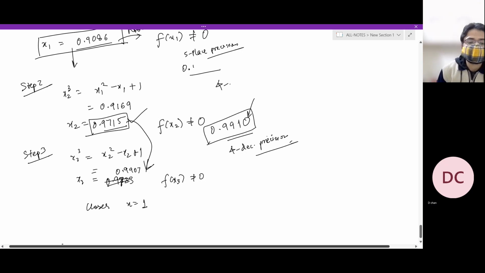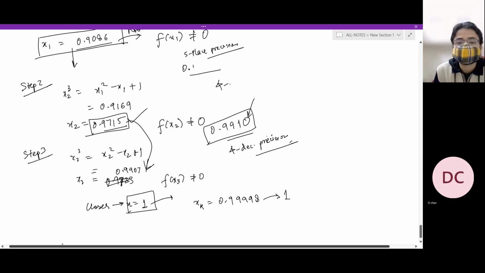Anyway, we know that we are getting closer to x equals 1, but we are not actually getting x equals 1. Maybe in a few more steps you might have, let's say, xk equals 0.99998 something. This is really, really close to 1, but it is not 1.